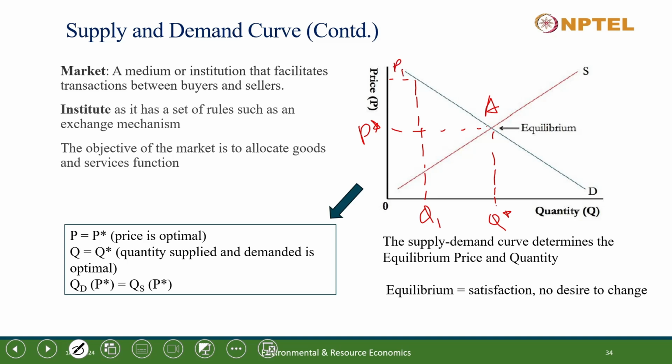However, I am getting it at the price P star because the market has a single price, a single clearing quantity, right? So I am getting any quantity at the P star price. However, I am willing to pay the P1 amount.